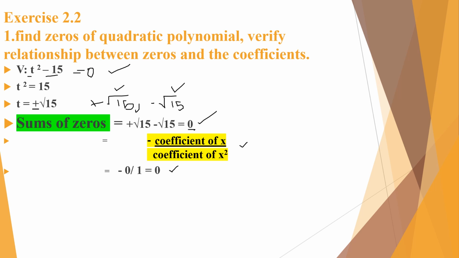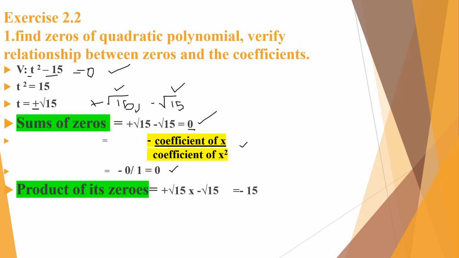Now we move on to the product of the zeros. Product of the zeros is plus root 15 into minus root 15. Plus into minus is minus, and root 15 into root 15 is 15, so minus 15. Now we substitute in the formula and check. The formula for the product of zeros is the constant term divided by the coefficient of x square.